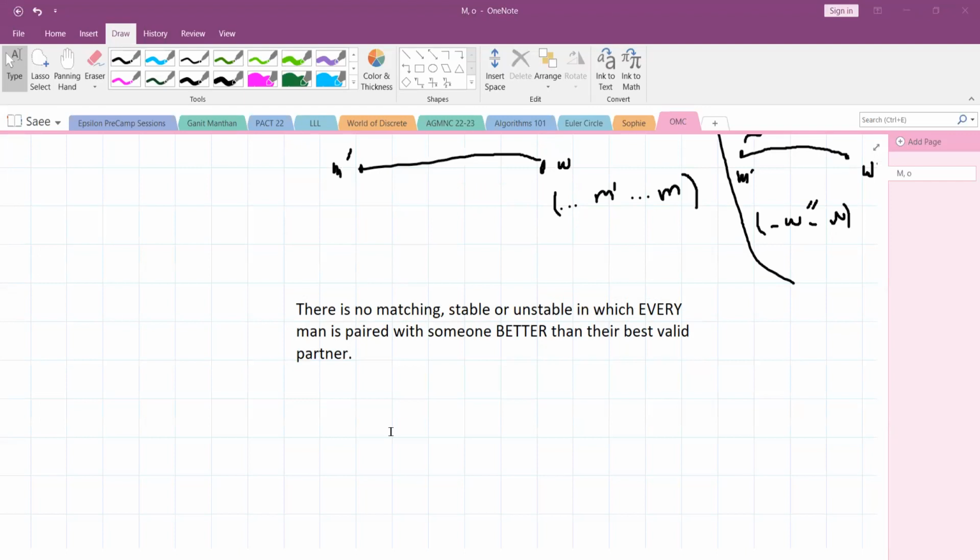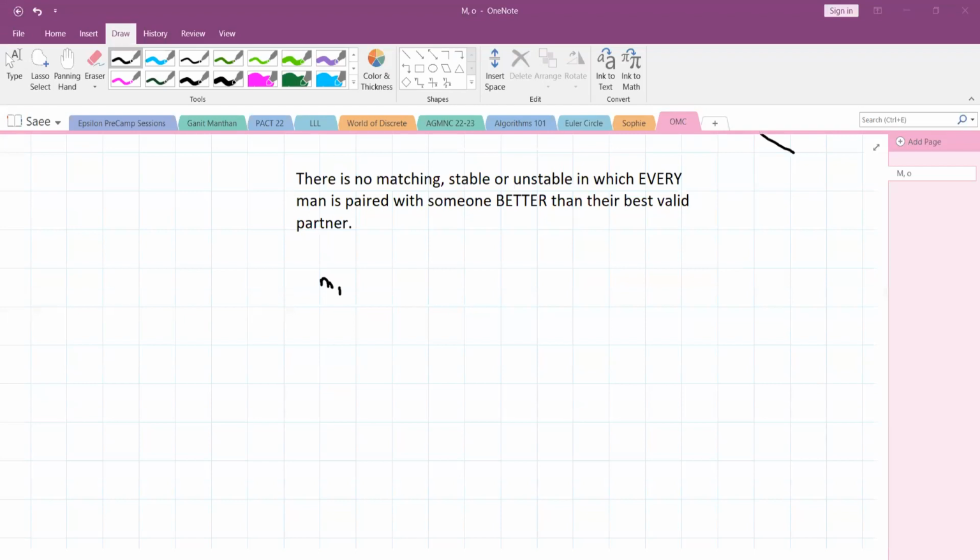Maybe we can also quickly look at the proof. Let's look at all the men, M1, M2 up till Mn.